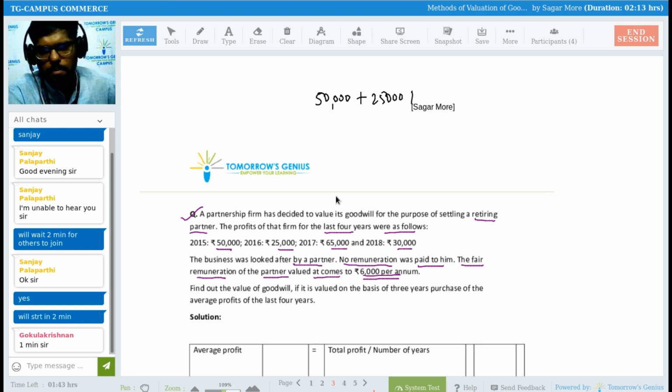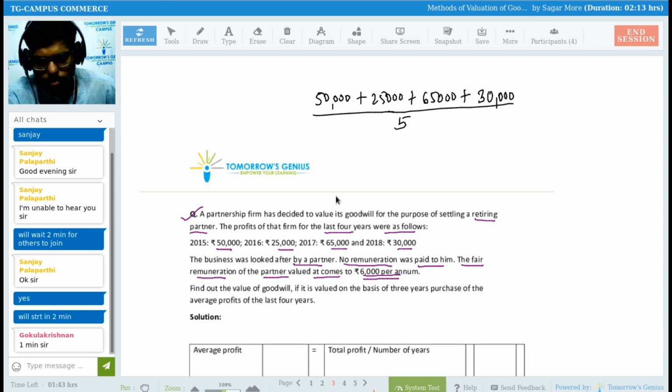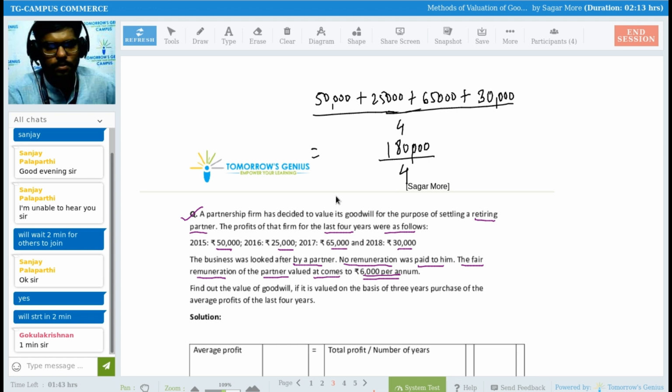Divided by number of years, which are 4, not 5. Okay, 4. So total is 1,80,000 divided by 4.